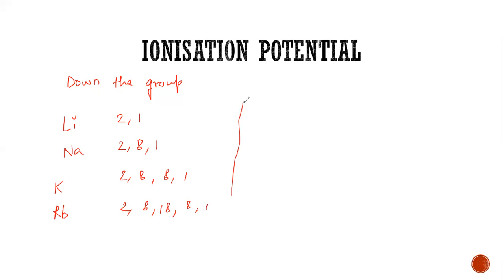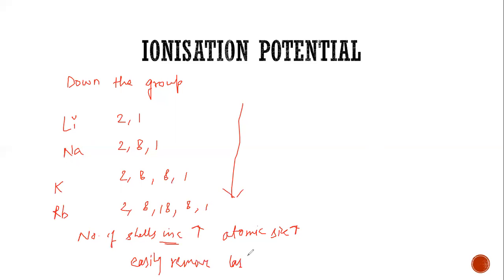Now you can see as we are moving down the group, the number of shells is increasing, which means our atomic size increases. This makes it very easy for us to remove the electron from the last shell, which therefore requires less energy, and IP decreases.